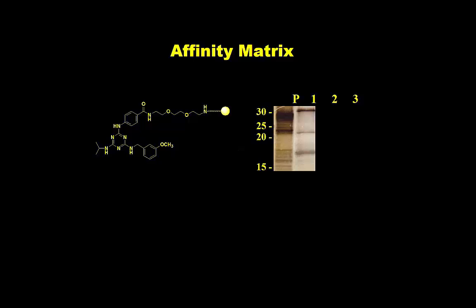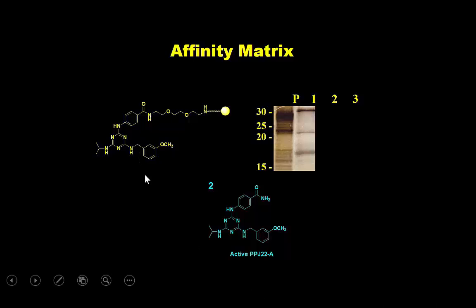To figure out which protein is selectively binding to this molecule, one trick is you can add active molecule. So in this case, you do the affinity matrix work again, but not only this affinity matrix, you add this active molecule as a competitor. Then the target proteins have a chance to either bind to this motif or bind to this motif. If the protein binds to this motif, the affinity matrix bound protein amount will decrease, and the gel is like this.